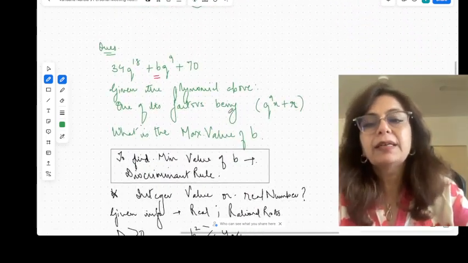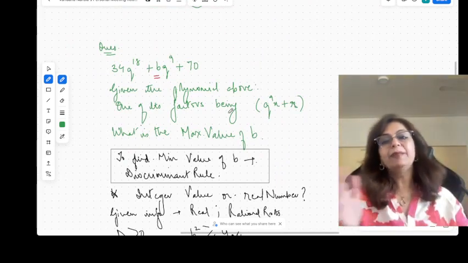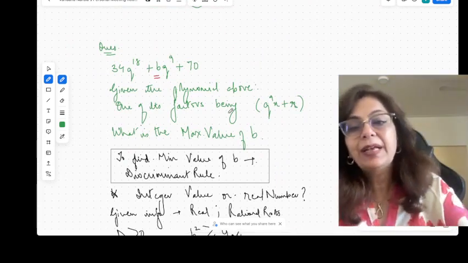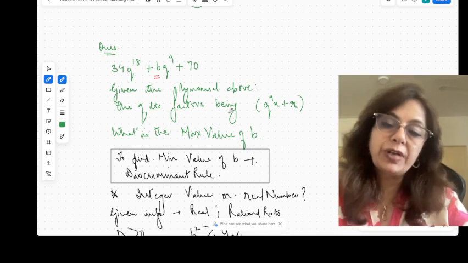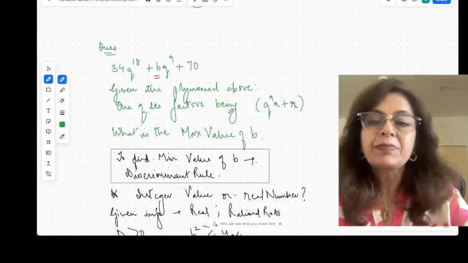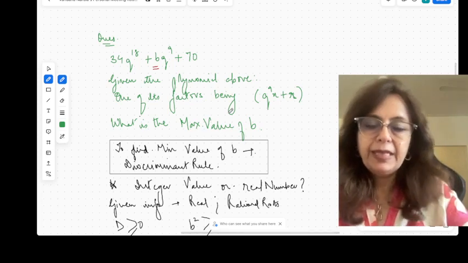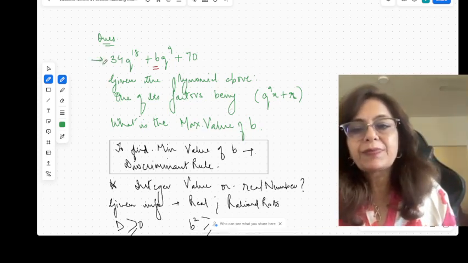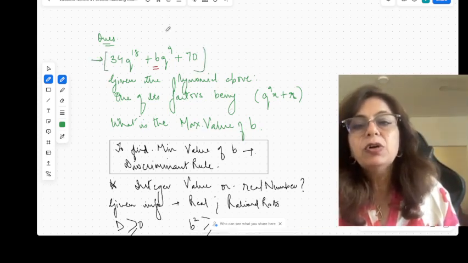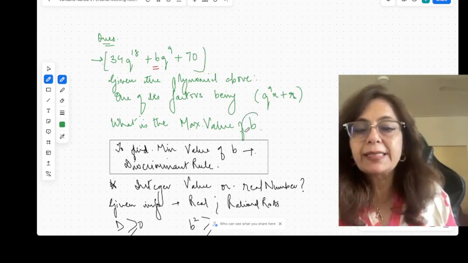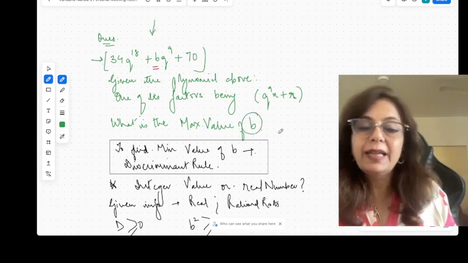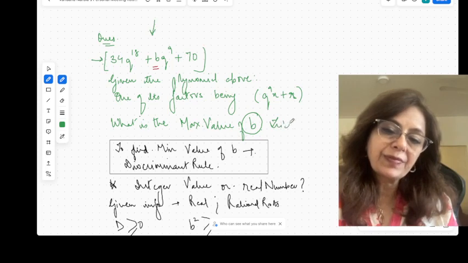Now, this has been a greatly debated question also. And people have used different kinds of approaches. This is a very simple approach to this. Now, they've given you this expression and they've asked you, what is the maximum value of b? And that's the trick.